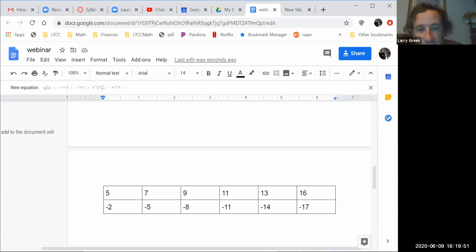So here's data, and what we want to do is find the equation of the line that these points lie on. Any questions on the idea here?